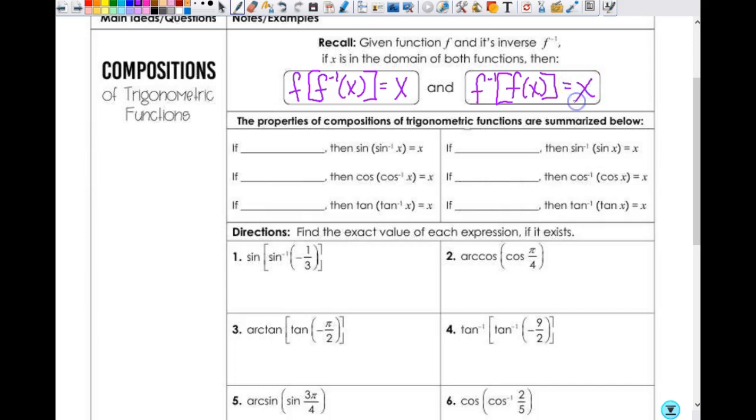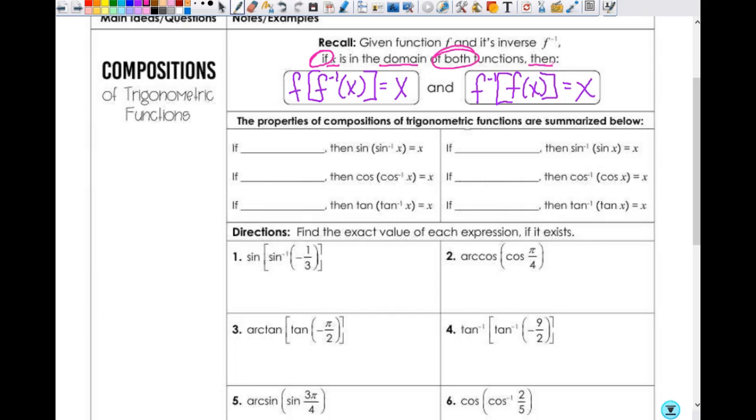X, right? Make sense? And that works, but not all of the time, because there are words that go with this too that are very important for us to pay attention to. It says given function f and its inverse f inverse, if x is in the domain of both functions, then. So the only way that this works is if x is in the domain of both functions, which doesn't always happen.